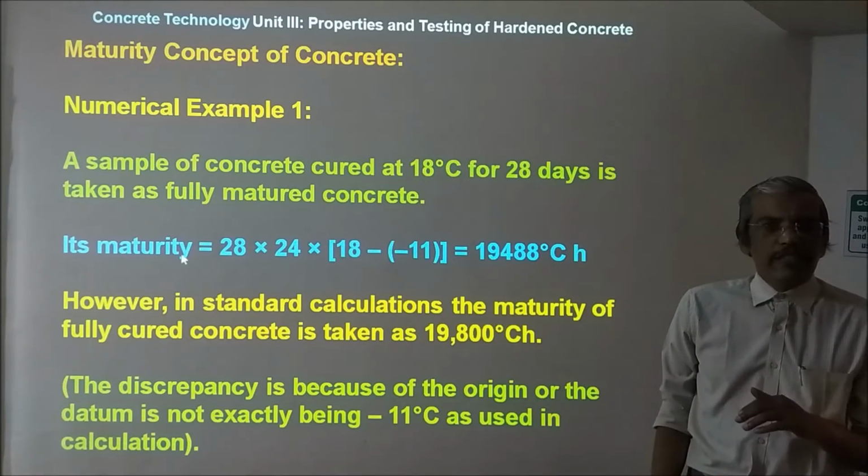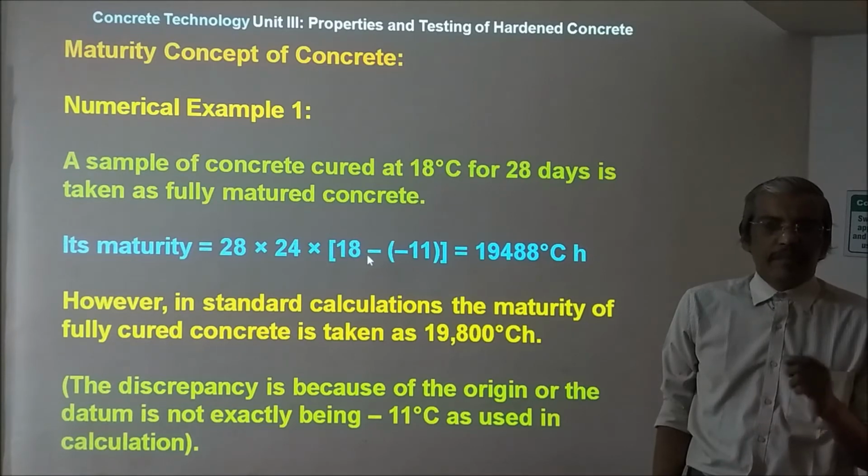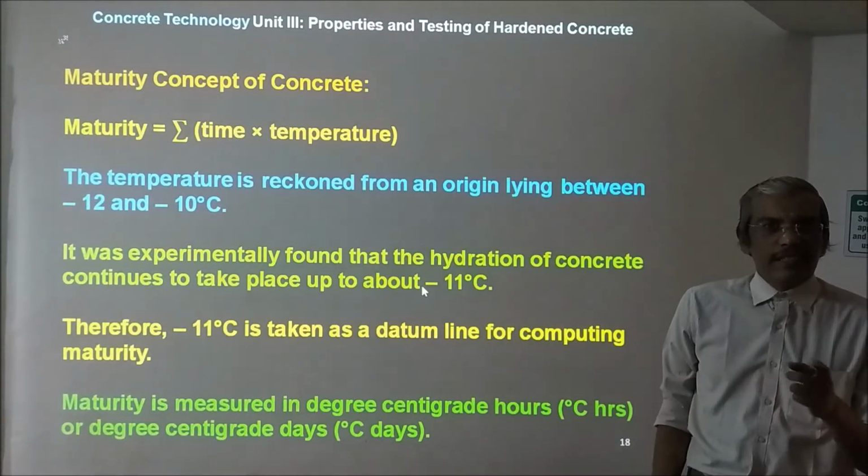So its maturity is equal to 28 days multiplied by 24, where 24 is the number of hours, multiplied by 18. So here 18 degrees centigrade is given and minus 11.